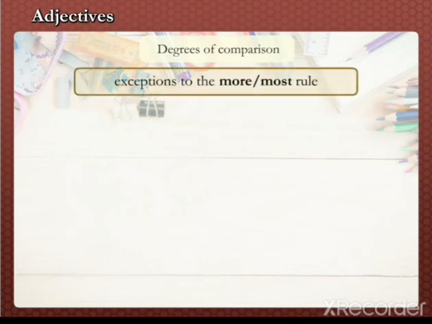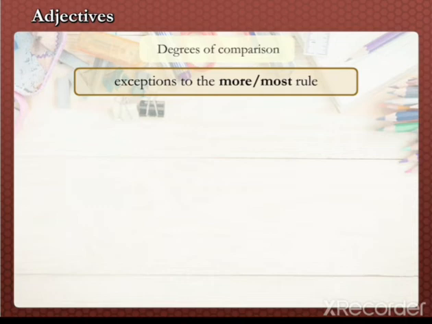There are some adjectives which have two syllables yet do not form the comparative and the superlative degrees by adding er or est. They use more and most to form the comparative and superlative degrees respectively.